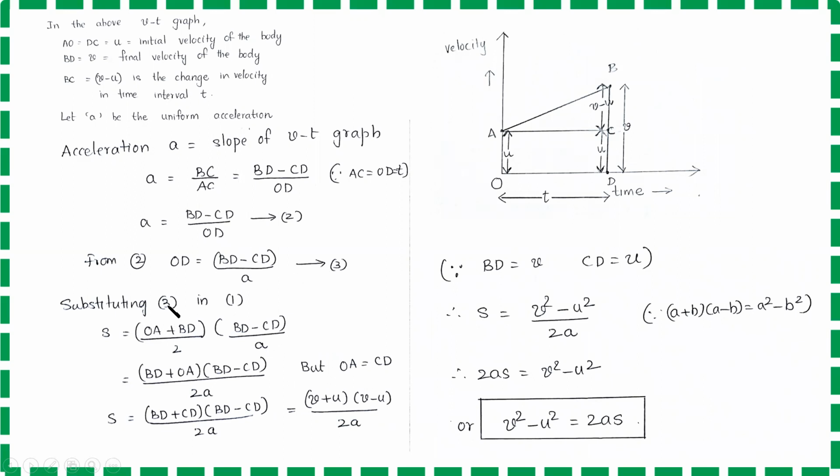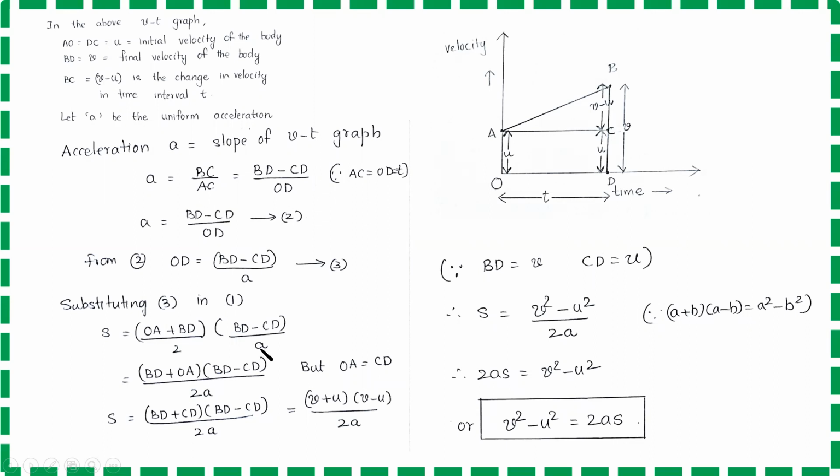Substituting equation 3 in 1, we get (OA plus BD) by 2 into (BD minus CD) by A. Then we can write it as (BD plus OA) into (BD minus CD) by 2A, with 2 and A in the denominator.